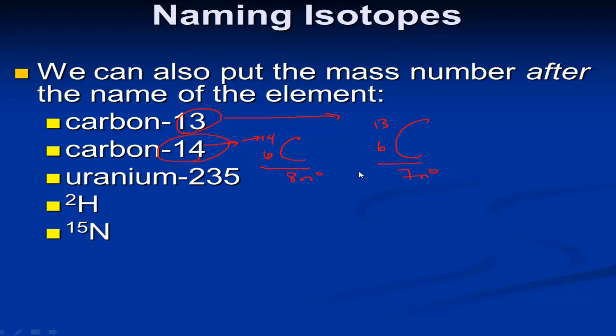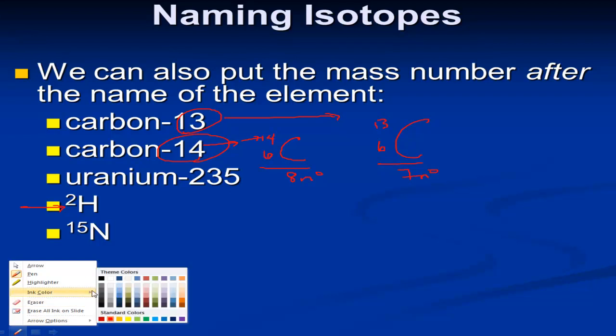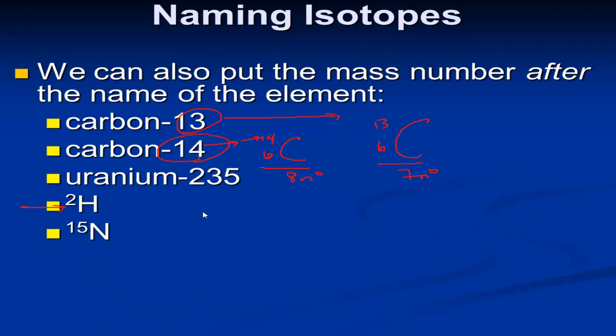Now, uranium you can figure out is the same way, but I wanted to show you another one. This is another way they might write an isotope. Earlier we did hydrogen, and remember it was 1 over 1 with 0 neutrons. Well, this is hydrogen 2. I know it's hydrogen 2 because they give me the little 2 at the top.